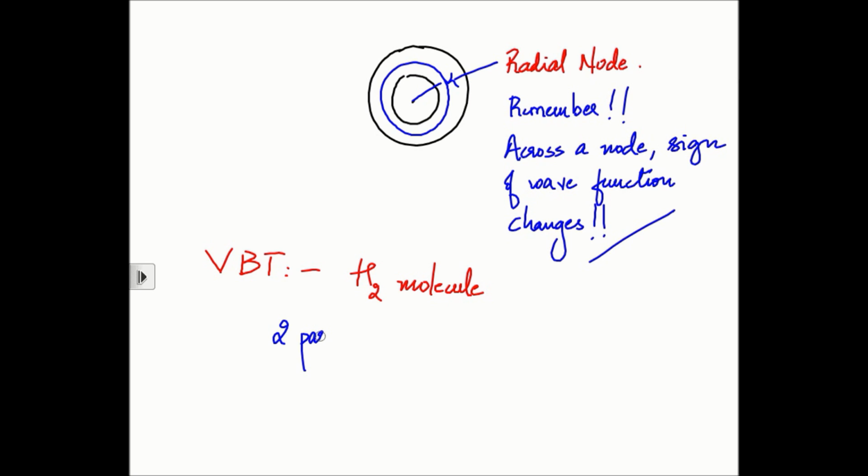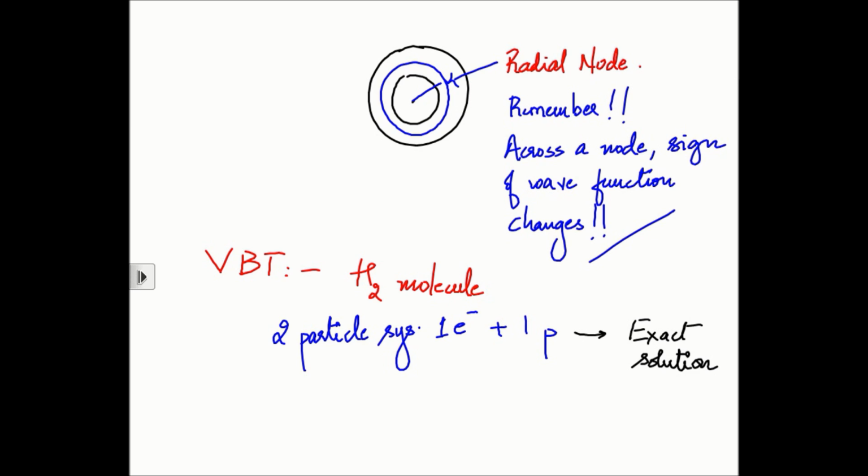It failed for the nearest next analog which contained two electrons, because there were so many factors which were involved, electron-electron repulsion, electron-proton attraction, and so on and so forth, that we couldn't exactly guess what the wave function could be. And hence there needed to be approximations that need to be made.